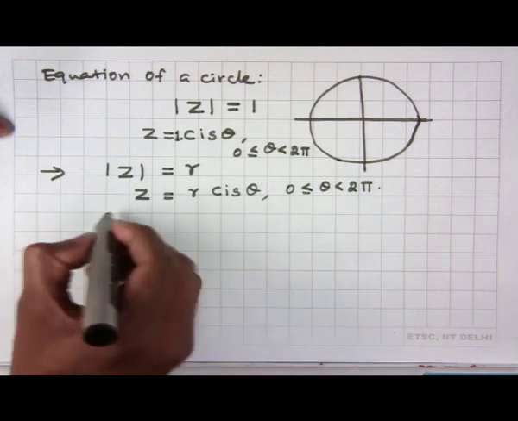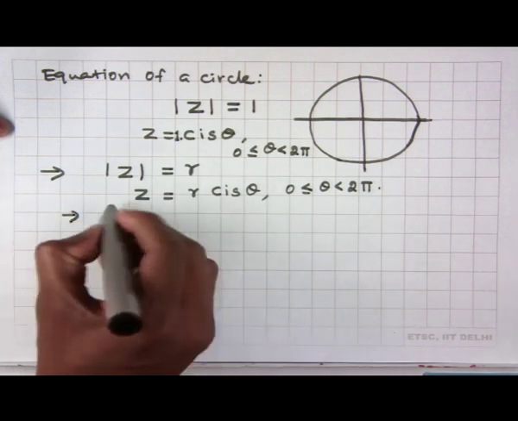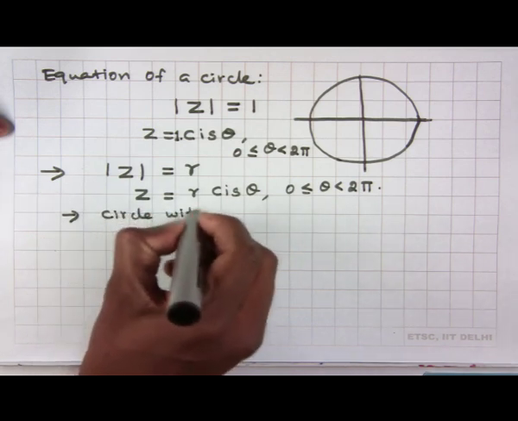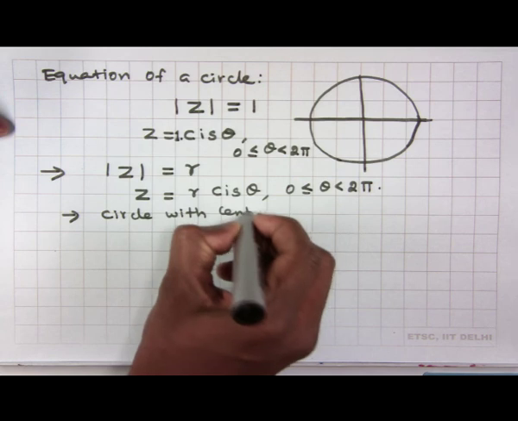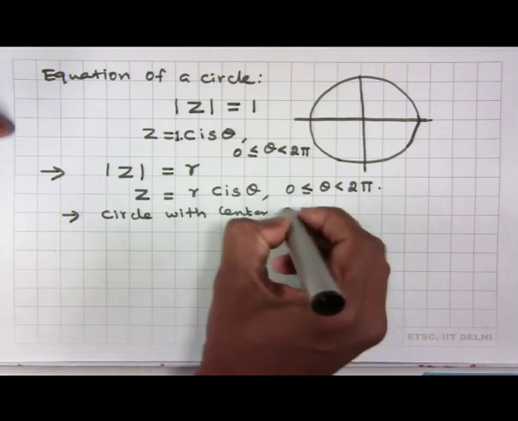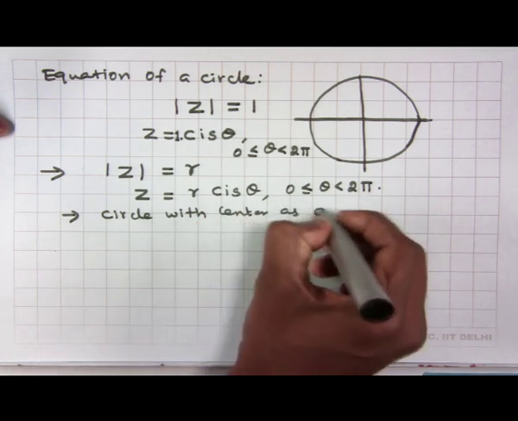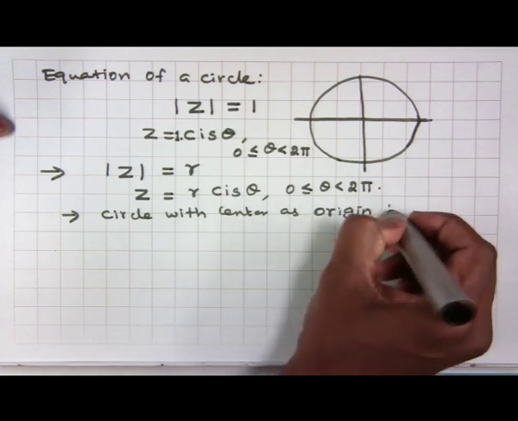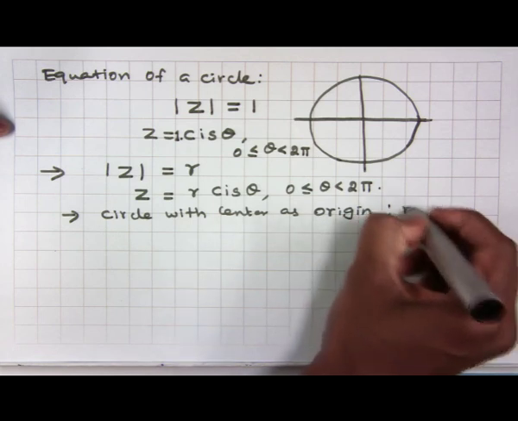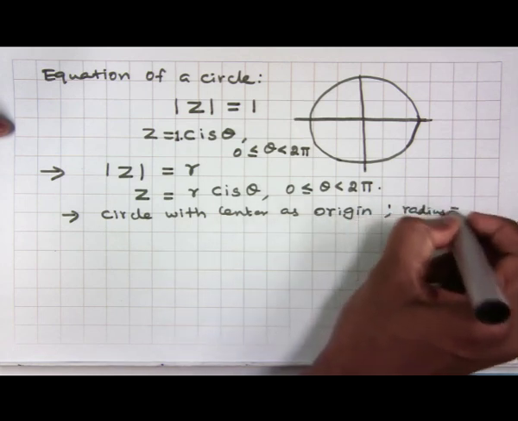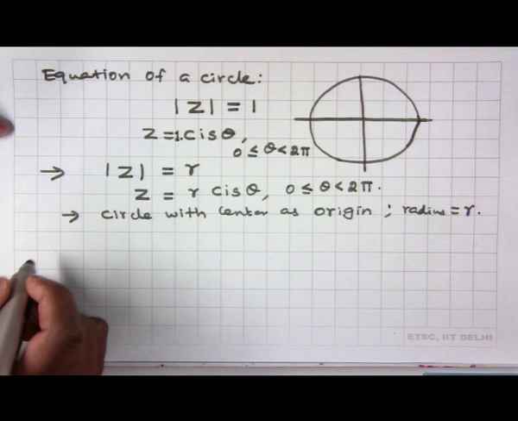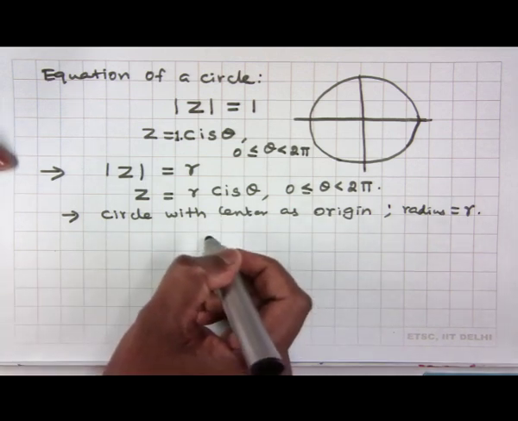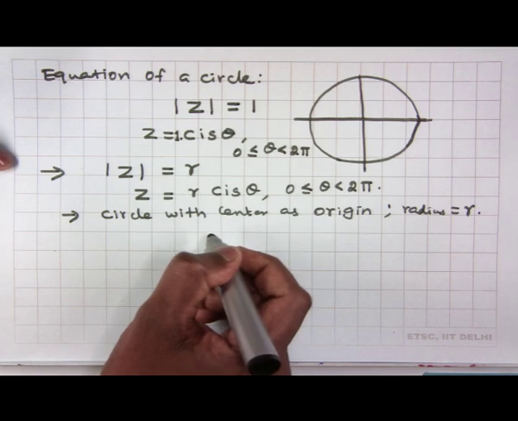So, in this case we call it a circle with center as origin with radius r. Now, one could ask how to describe a general circle equation in this complex plane.